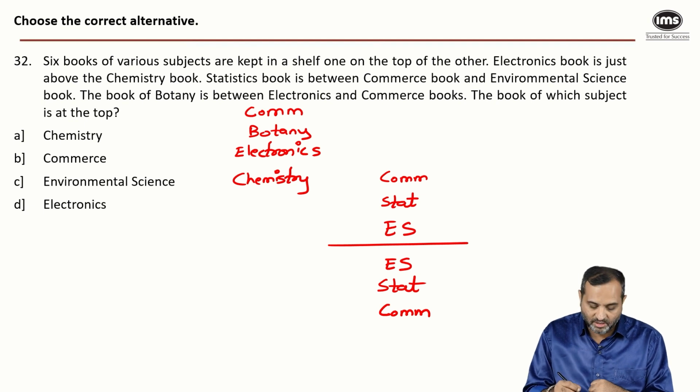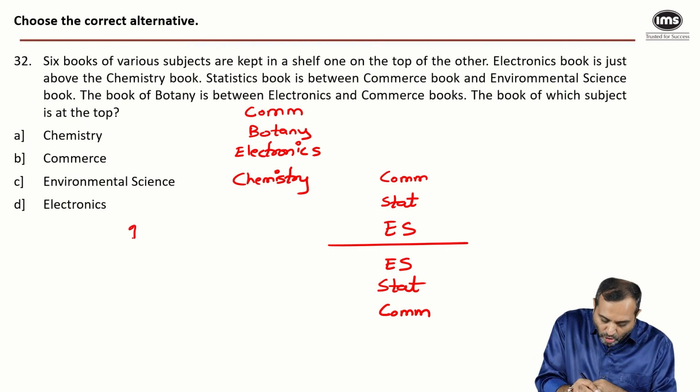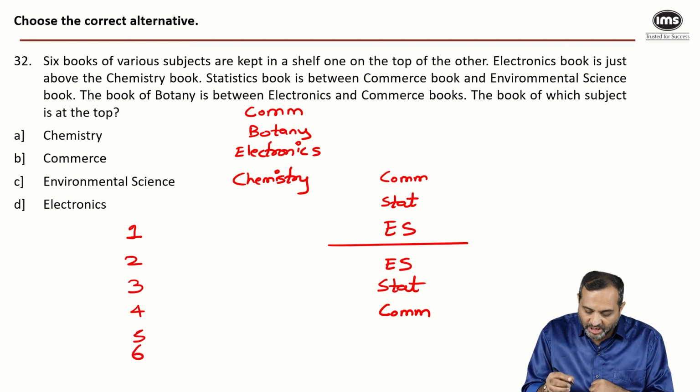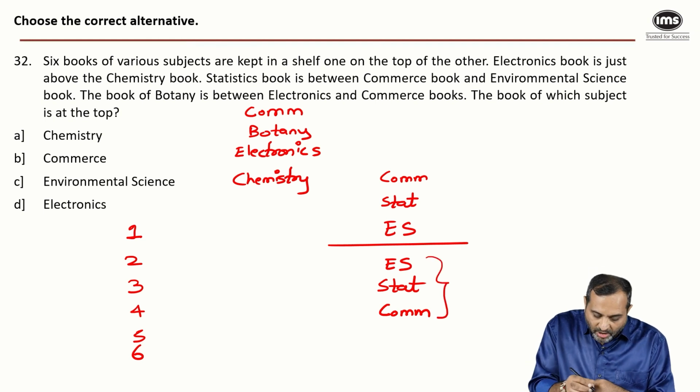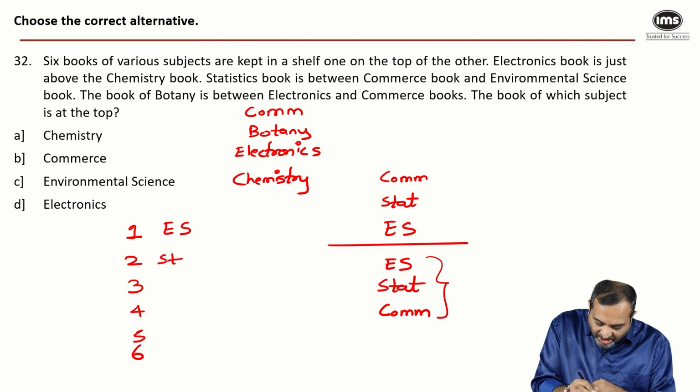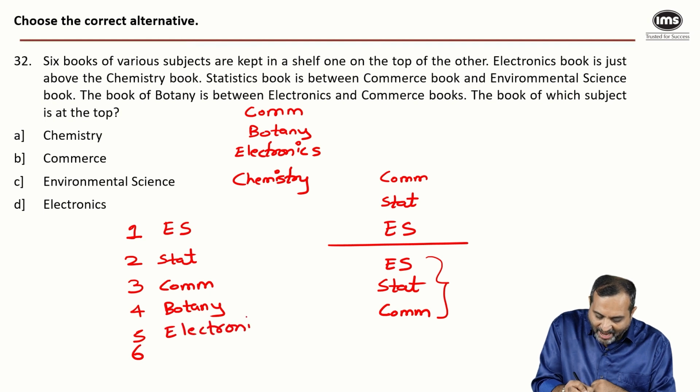So let's look at the diagram. I have 6 books. Do you see that if I start with this condition, I have environmental science, I have statistics, I have commerce, I have botany, I have electronics, and I have chemistry.